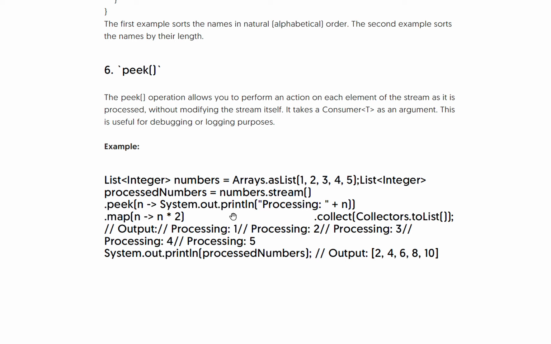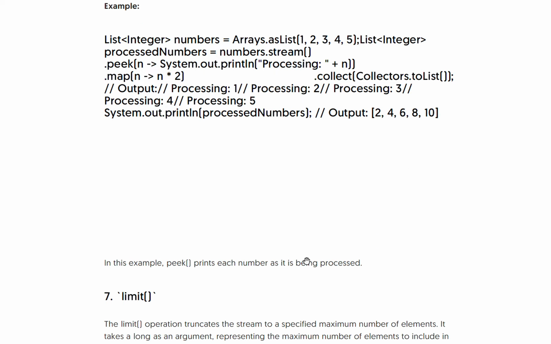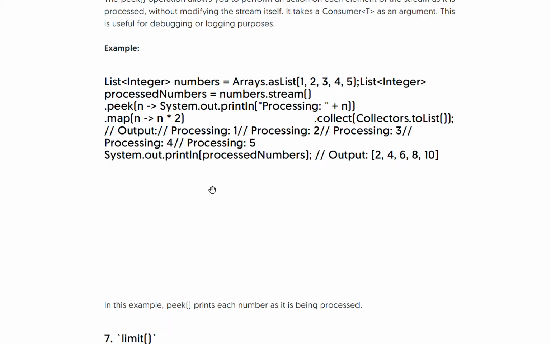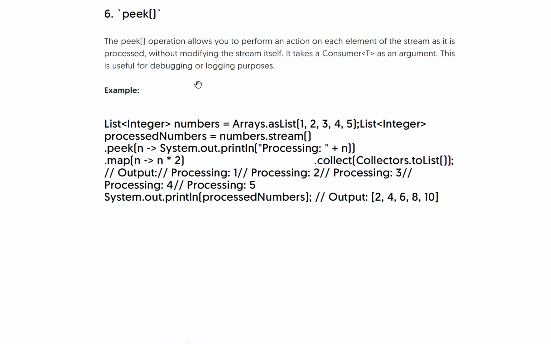The same method is repeated. It is going to process each individual element without modifying the stream. It returns the exact result without modifying the stream. So that is the peek method.